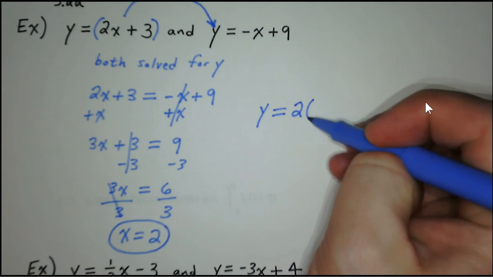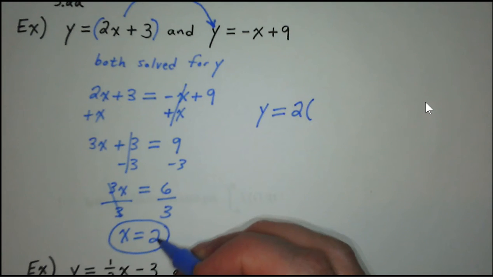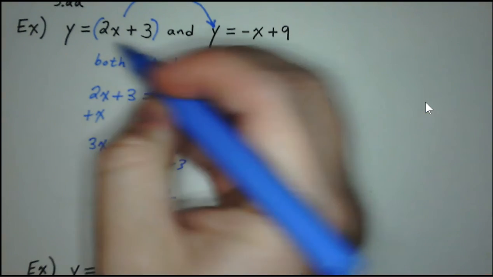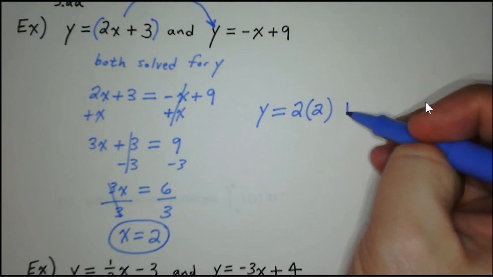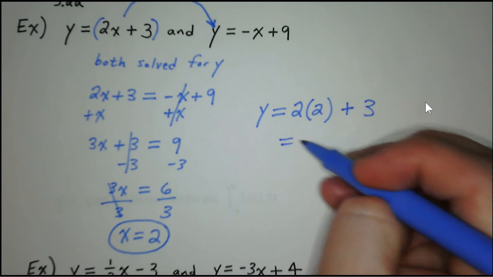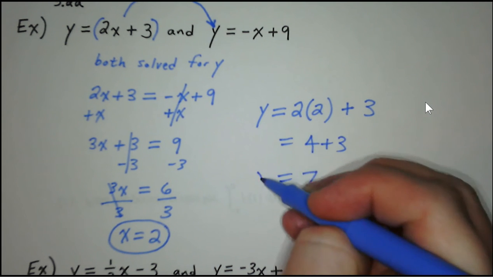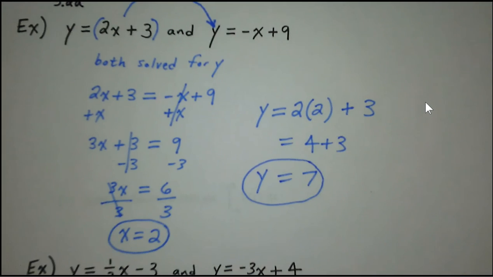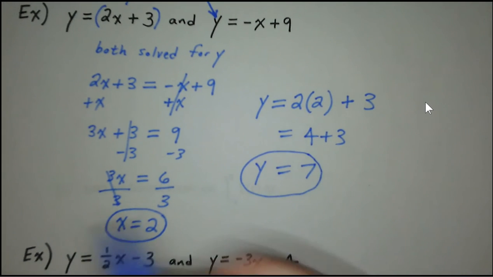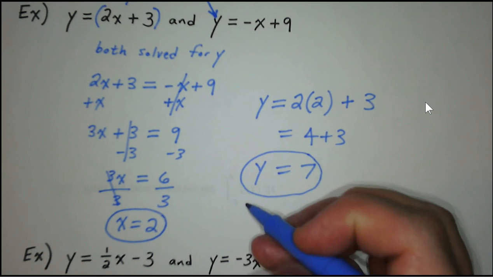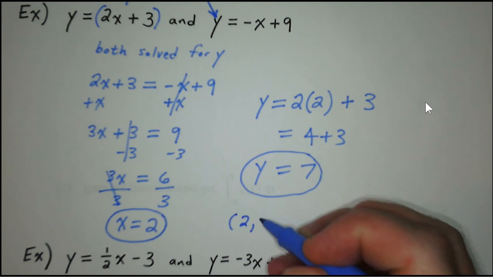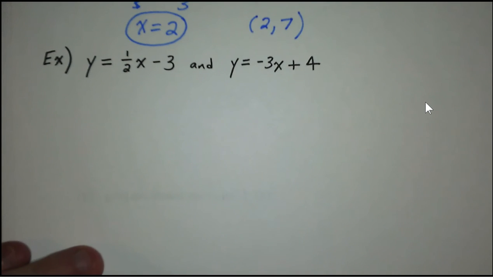Well, now we know that x is 2, so 2 times 2 is 4, plus 3 is 7. So y equals 7. My overall solution here is that x equals 2 and y equals 7 at the same time, or (2, 7).